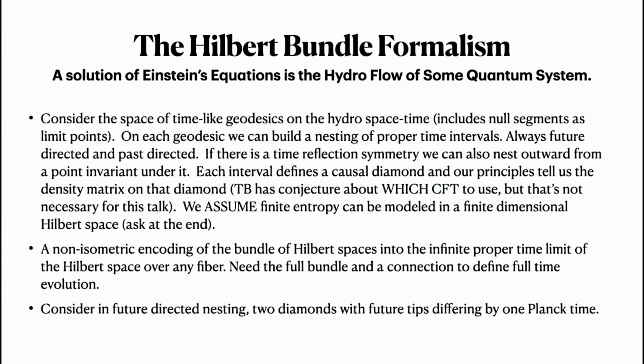Now, in quantum field theory, if I give you a picture like this, and I give you two diamonds with a little bit of time between them, there's something called half-sided modular flow. Quantum field theory does not have density matrices for diamonds because the operator algebra of a diamond is what's called a type III-1 von Neumann algebra.